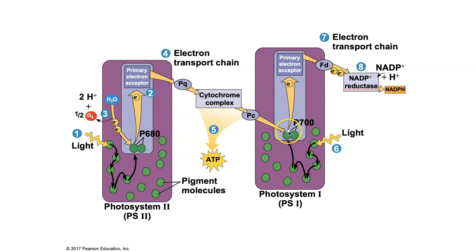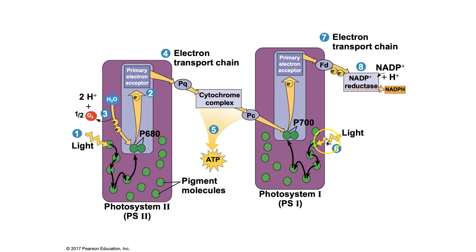Now here we're not splitting water. Here we had to split water to replenish it. Here we are not. The thing that replenishes it is the next electron that comes through this chain, right? So the only place we're replenishing with water splitting is in the beginning. And then just the continuous flow of this is going to be replenishing this.